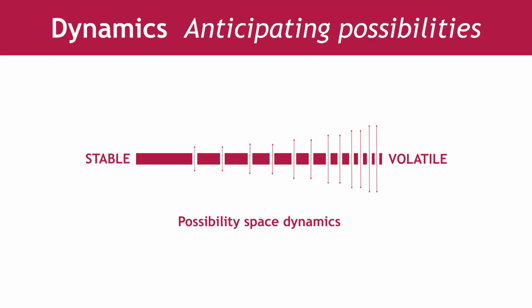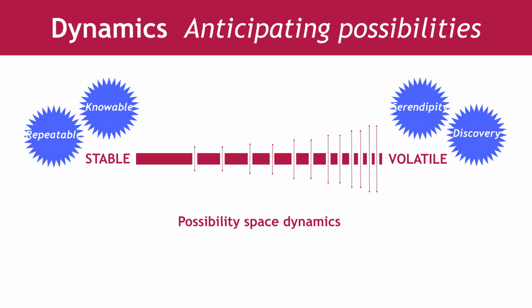So we can say that there's some dynamics in the space of what's possible. And again, just like viscosity, there's not inherently goodness to a stable system or goodness to a system with machine learning and volatility. It's a design dial to use for the situation. Stable systems have nice qualities. They're repeatable, they're knowable.